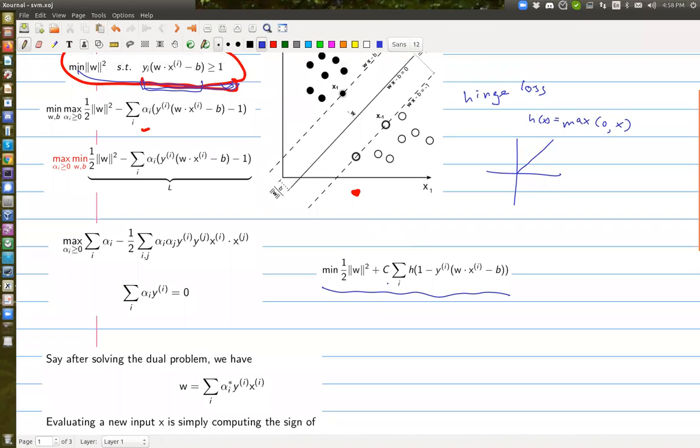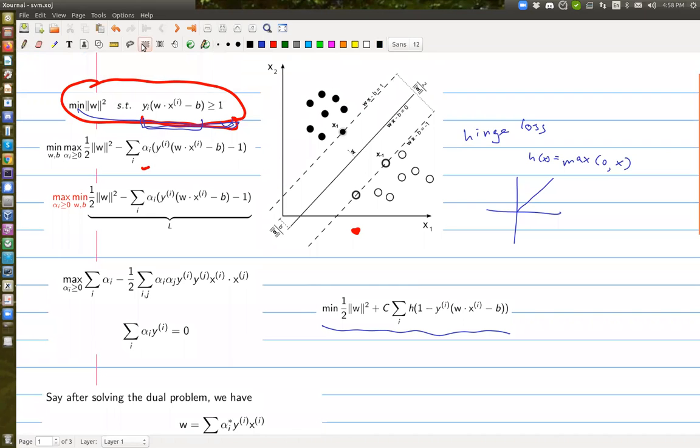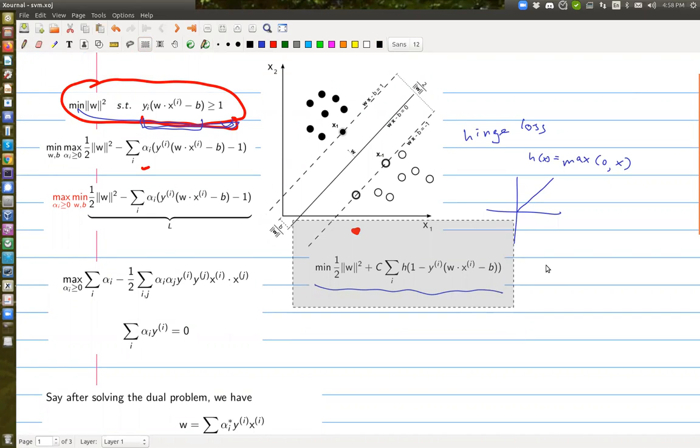Actually, you may first wonder why I need a Lagrange multiplier, since it looks like an unconstrained problem.